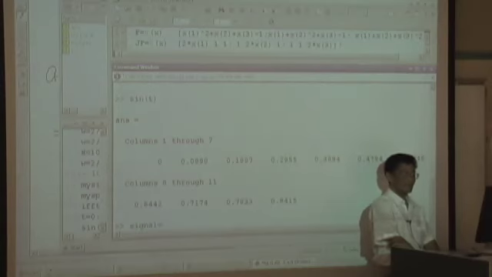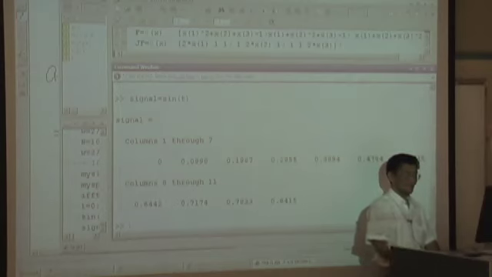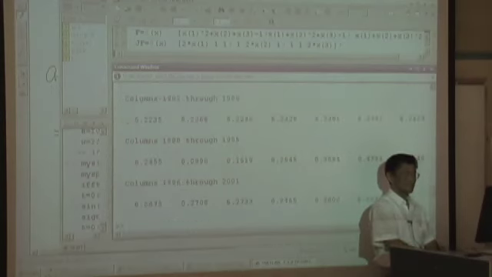My signal is sine t. I will change t one more time. t should increase, right? So I will use t from 0 to pi, and the increment is pi over 1,000, times 2 pi. So this is my t. And then my signal is sine t. Do you follow me?